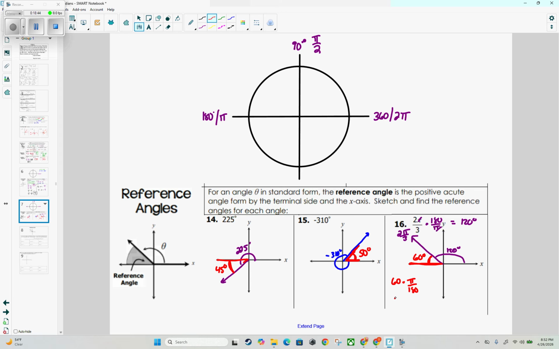That gives me 60 pi over 180, which is pi over 3. So his reference angle is pi over 3. When we start creating the unit circle, I'm going to use the points that relate to pi over 3 to create 2 pi over 3. There'll be just some sign changes that I do. I know that seems kind of weird. Practice it. You will get familiar with it.